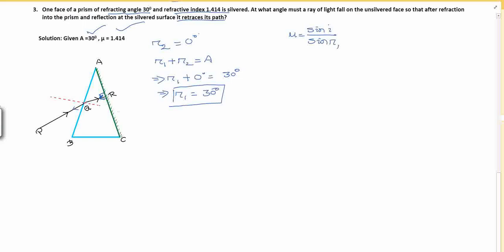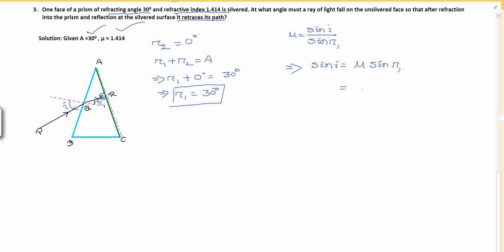Here I is the angle of incidence and R1 is the angle of refraction for the first face. We have to find the value of I. So sine I is equal to mu into sine R1.